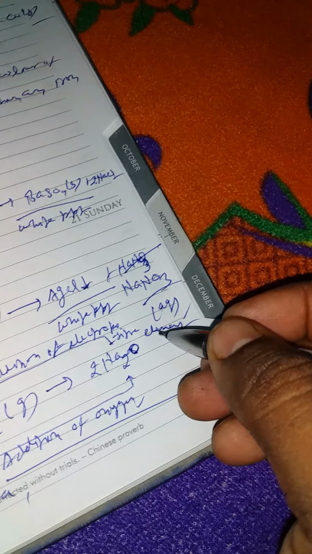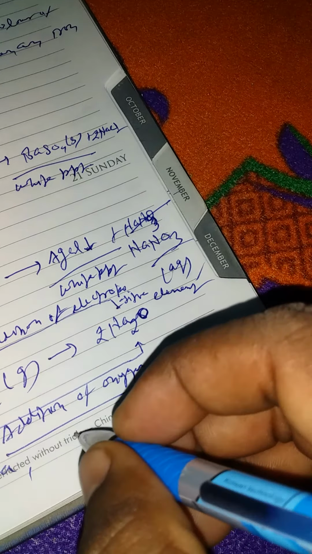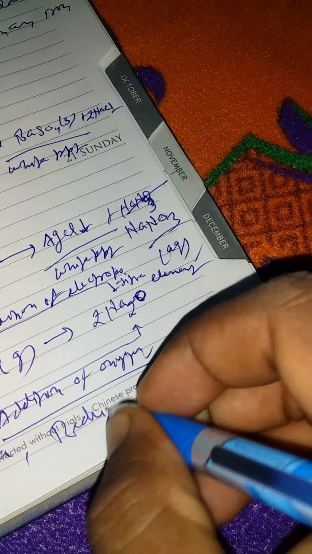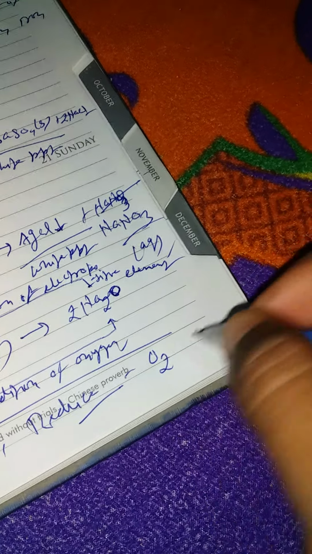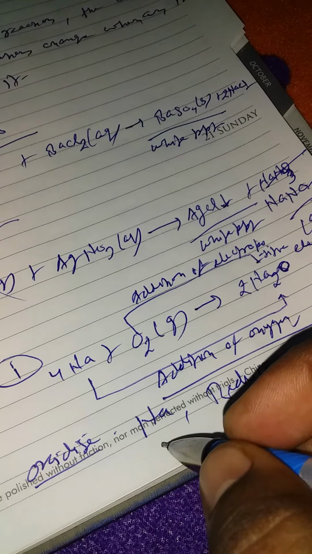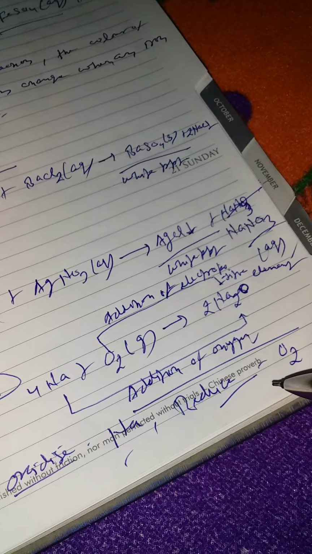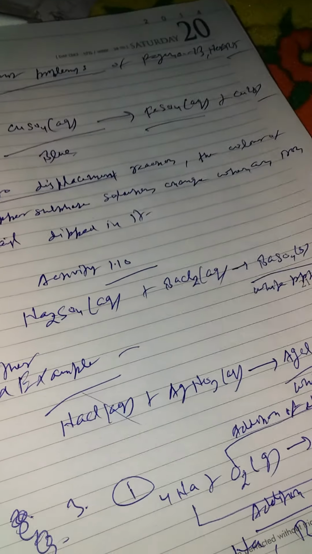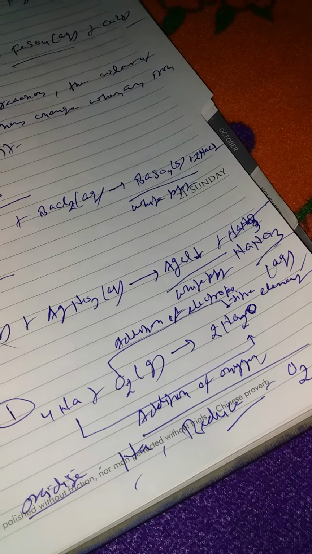Addition of an electropositive element is known as reduction, so the substance reduced is O2 oxygen. The substance oxidized is known as the reducing agent, and the substance reduced is known as the oxidizing agent. But in this question we only have to write the substances oxidized and reduced.